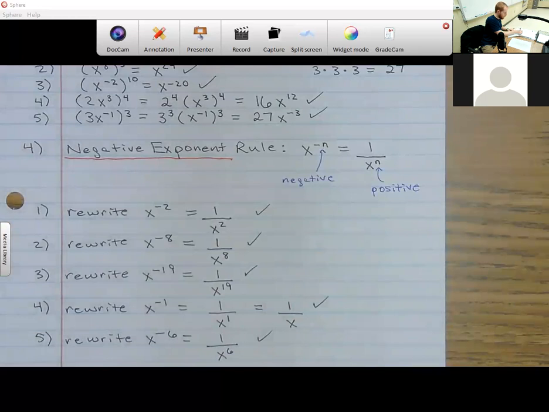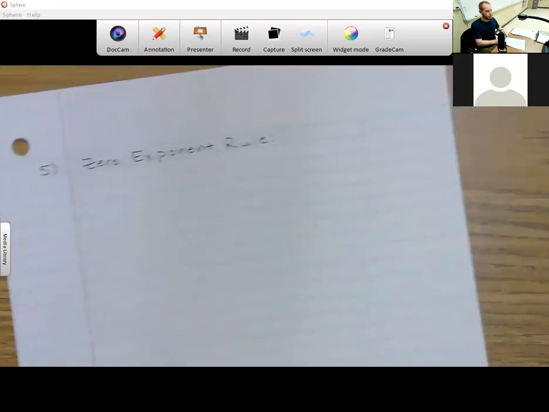So the final rule is going to be called the zero exponent rule. So number 4, we talked about what happens when your exponent is negative. We've also touched upon what happens when your exponent is positive. Really nothing happens. But the fifth rule is going to be called the zero exponent rule.